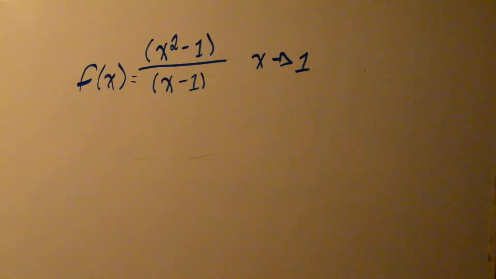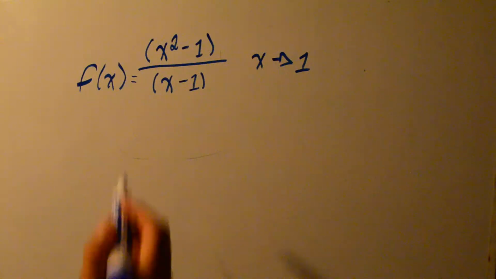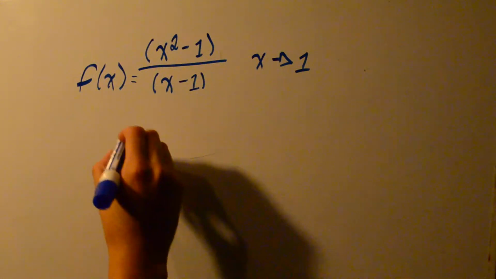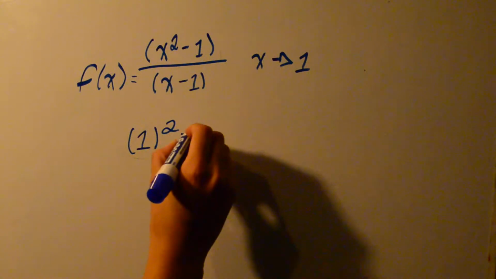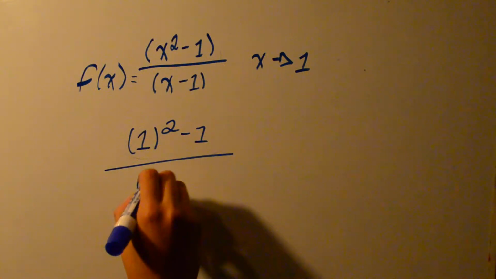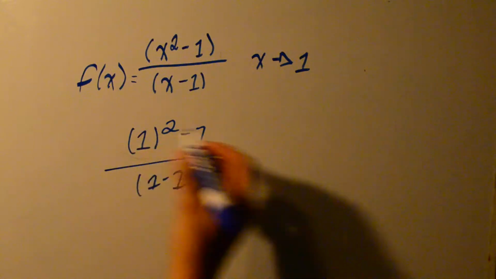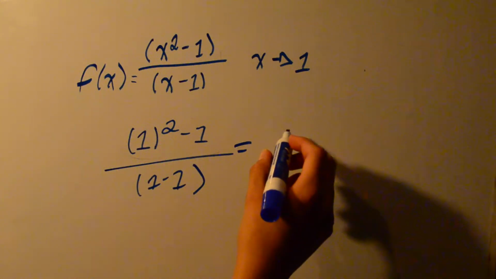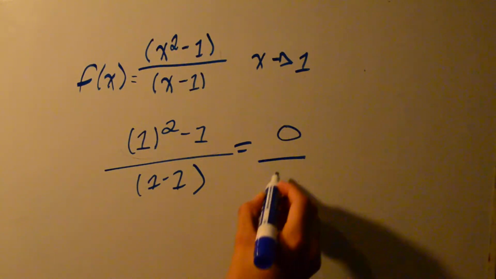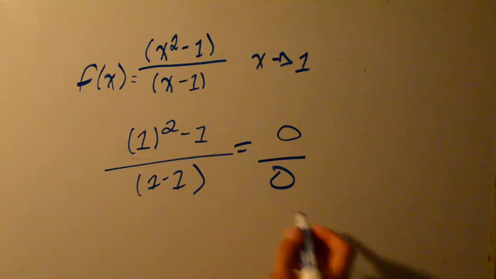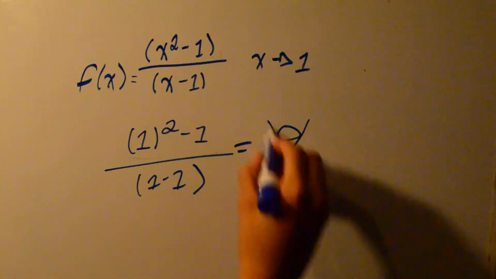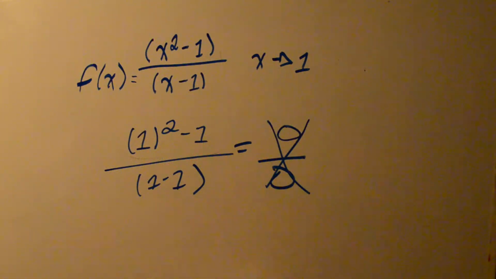So right off the bat, if you plug in 1 to this function, which is what I usually always try to do, you'll get 1 squared minus 1, which equals 0, and then 1 minus 1, which equals 0. That's not always fun. We don't want to get this. We want to actually come out with a number.